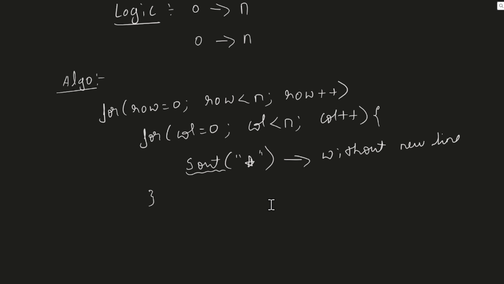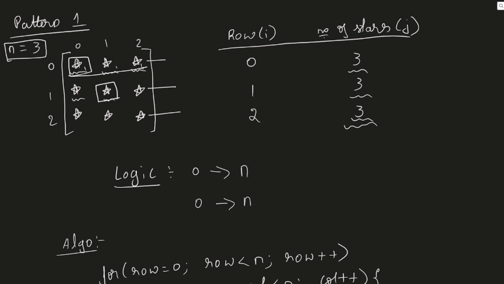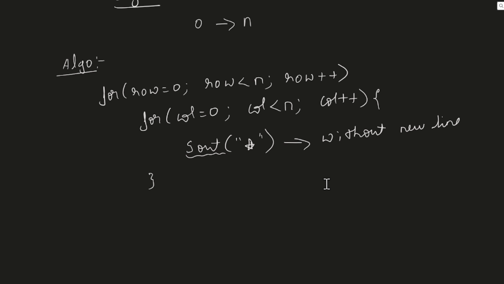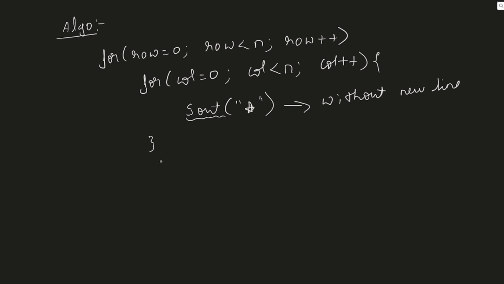If you closely observe the pattern, after printing every row, we need to print a new line character, and close the outer for loop. That's it. We are done with our first pattern.